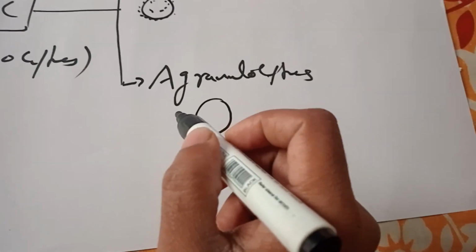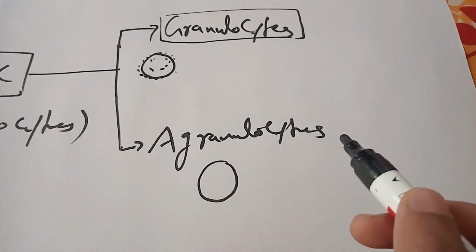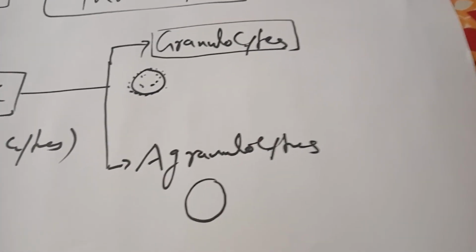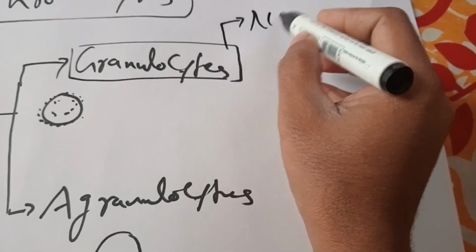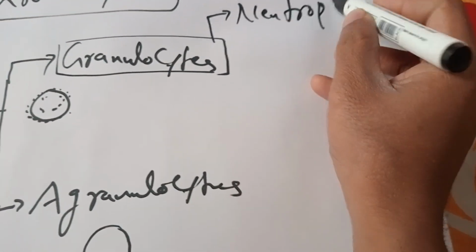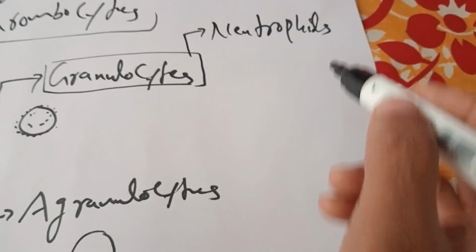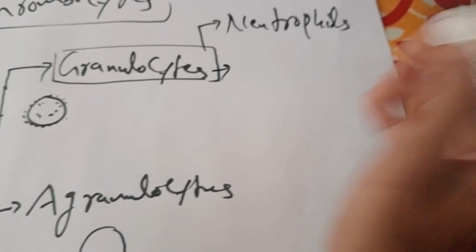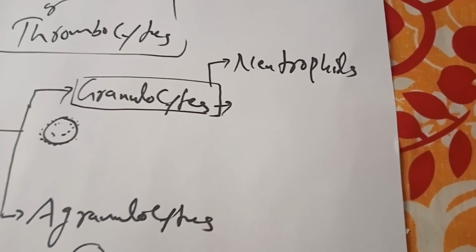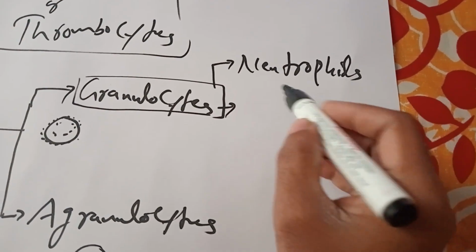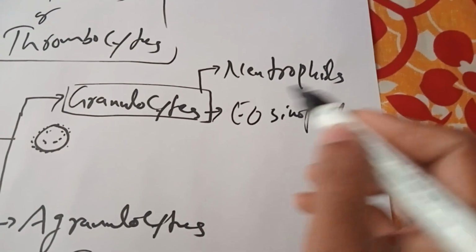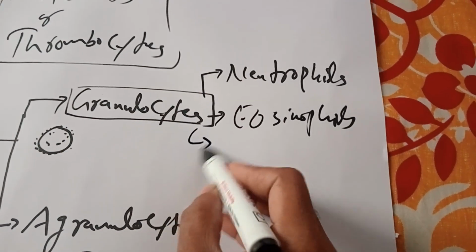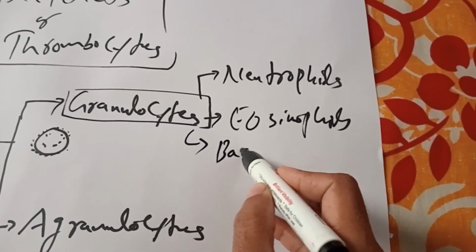So what are the examples? Granulocyte examples are neutrophils, the second example is eosinophils, and the third example is basophils.